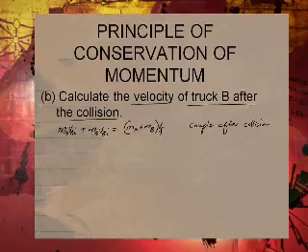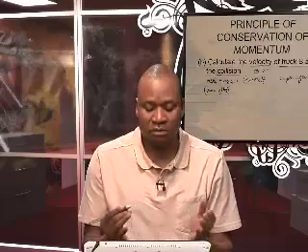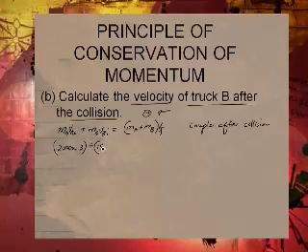So here I have to calculate the velocity of truck B after collision. Now, what is the mass of A? It's 2000 times the velocity of A. We took westwards to be positive, so it is positive 3 meters per second, plus mass of B 1200 plus the 300, the mass of the luggage on truck B, so that the total mass is now 1500 times.